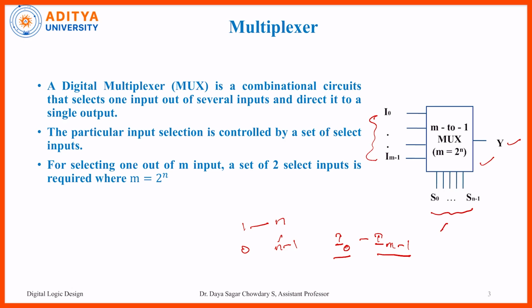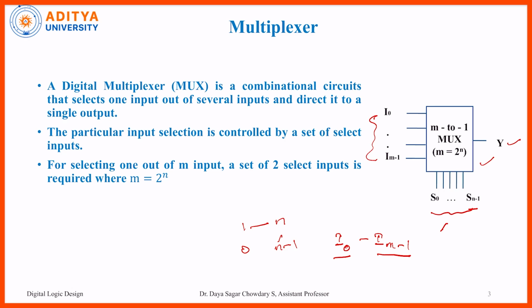Likewise, among the selection lines, S0 is the first selection input and Sn minus 1 is the nth selection input for this multiplexer. A digital multiplexer is a combinational circuit that selects one input out of several inputs and directs it to a single output.